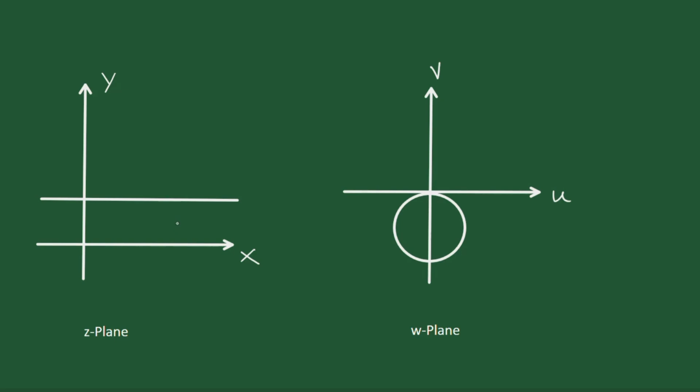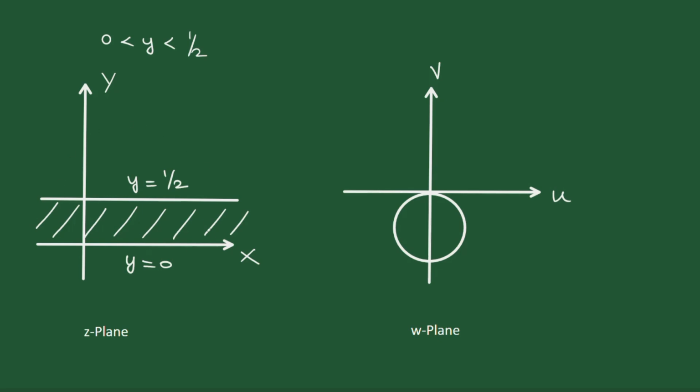This is the diagrammatic representation in Z plane and W plane. So this is the infinite strip represented by the inequality 0 less than y less than 1 by 2, which means that this is the line y is equal to 0 and this is the line y is equal to 1 by 2, and the region in between these two lines is considered as the infinite strip, because y should be greater than 0 and y should be less than 1 by 2.